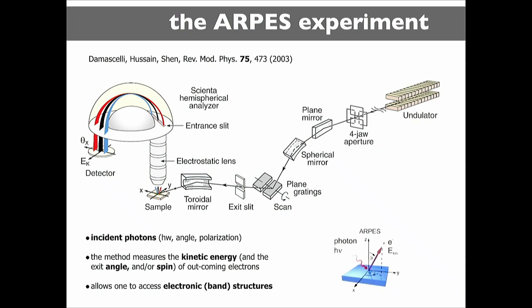We have incident photons that can be discriminated in terms of their energy, the angle at which they hit the surface, their polarization, and the experiment just measures the kinetic energy of the outcoming electron, ideally also completing or complementing the information, including the angle of the outcoming electrons, and as we have seen yesterday, also the spin of the electron.